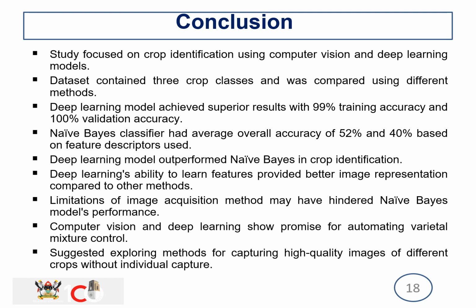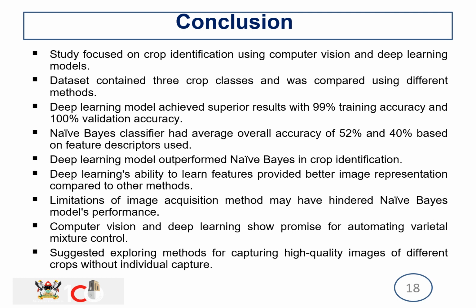So in the conclusion here, we find that the study focused on computer vision and deep learning for crop identification. The dataset contained 3 classes of crops: maize, banana, and cassava. The deep learning model performed better with 99% train accuracy and 100% validation accuracy.